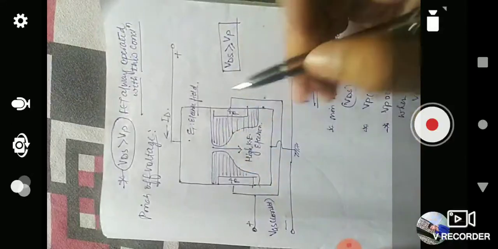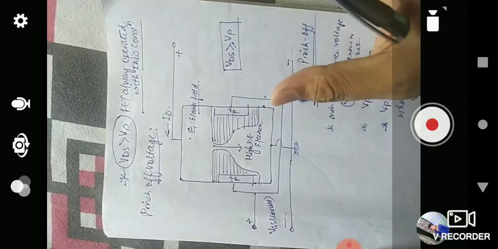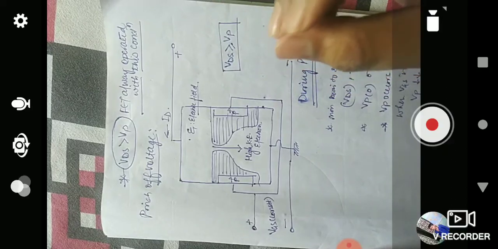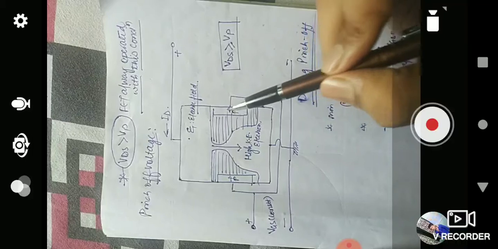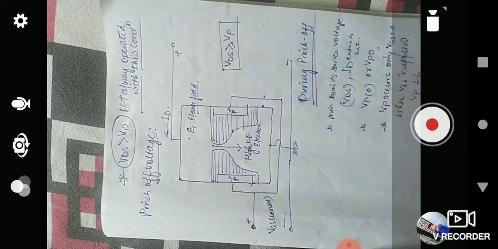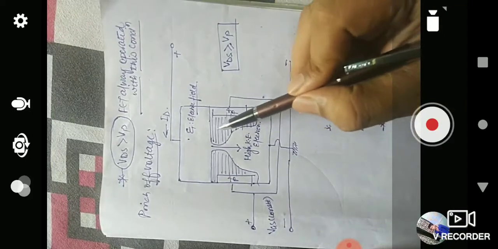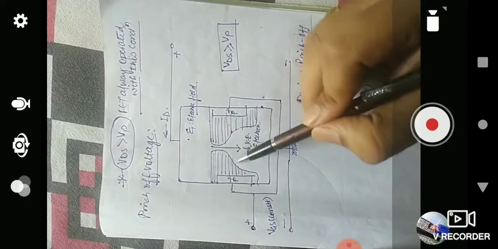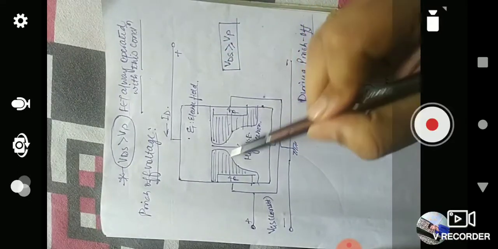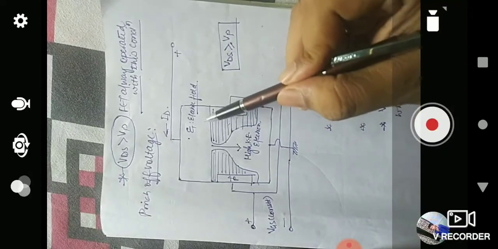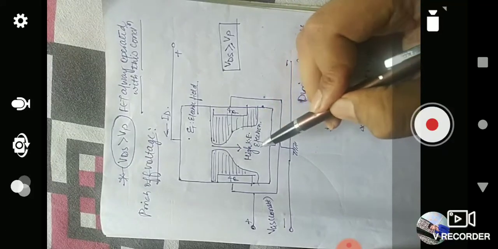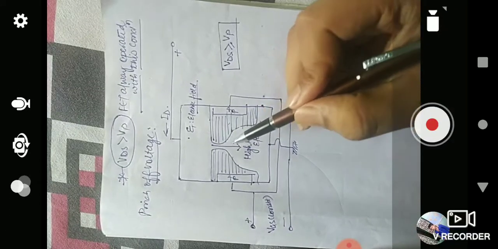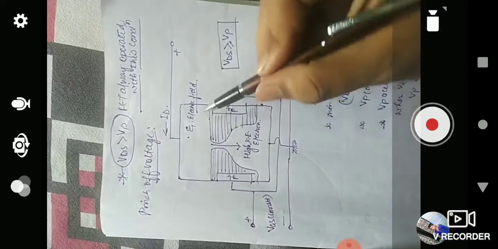So what will happen during the pinch off? This is the actual diagram when the JFET comes under the actual pinch off condition. You can see the channel and depletion region status, and under the influence of a high electric field, the kinetic energy of the electrons passing through this region is very high.